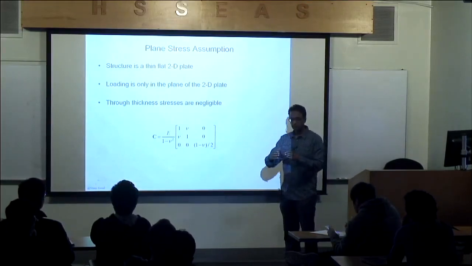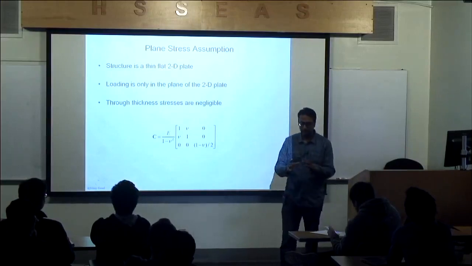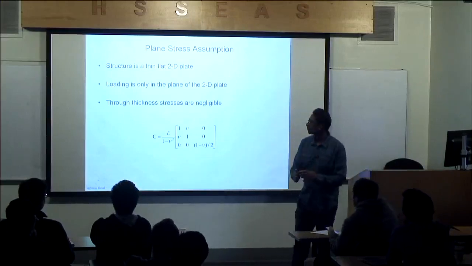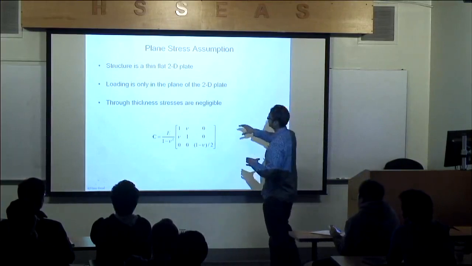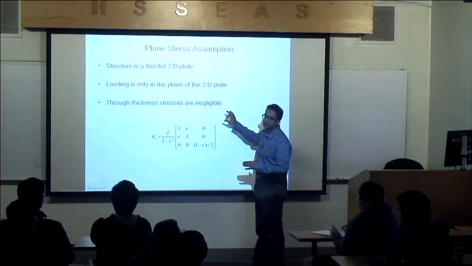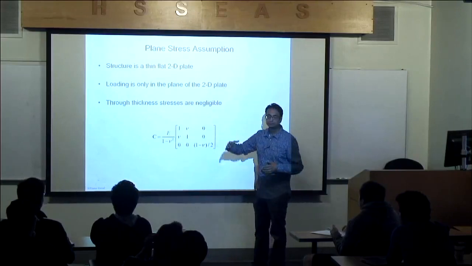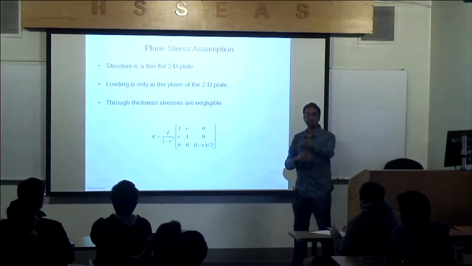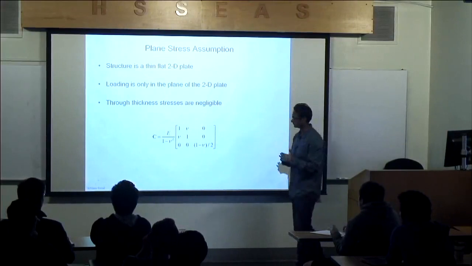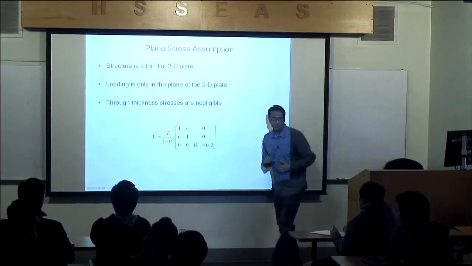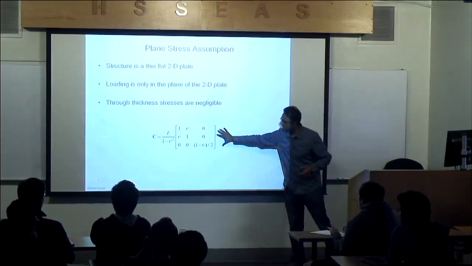So the loads are just applied in the plane of that plate. The through thickness stresses are negligible. When the through thickness stresses are not negligible, and the loads are out of plane, you have to use shell elements, which we'll also cover next. And the constitutive law looks like this.